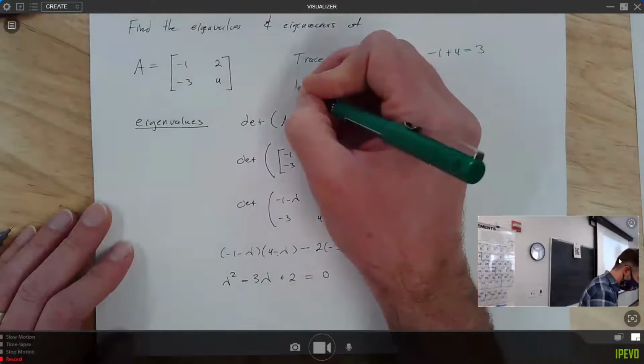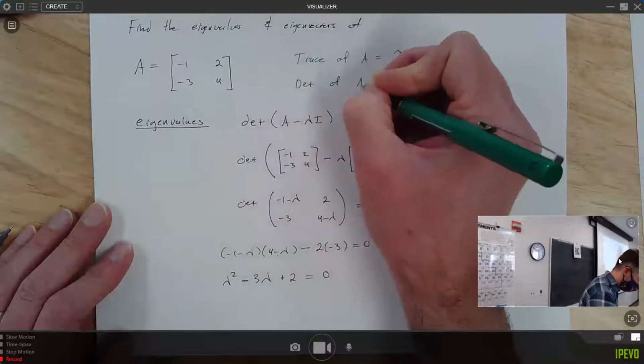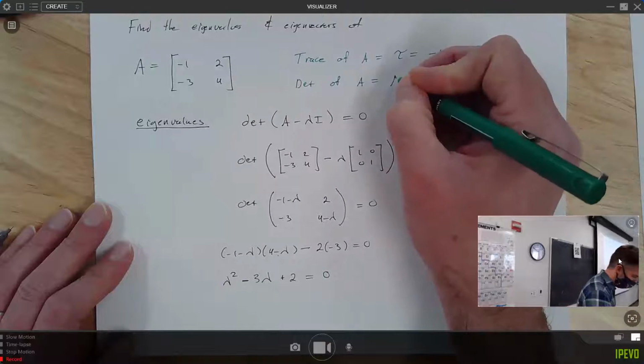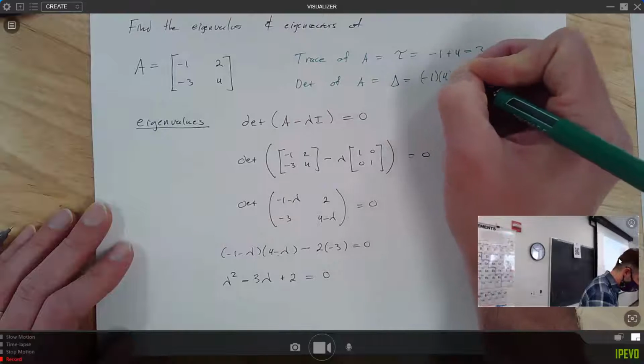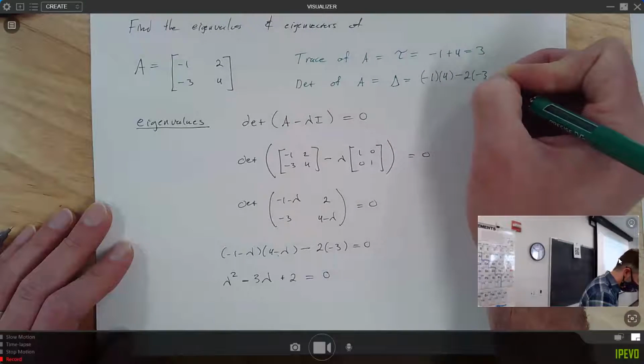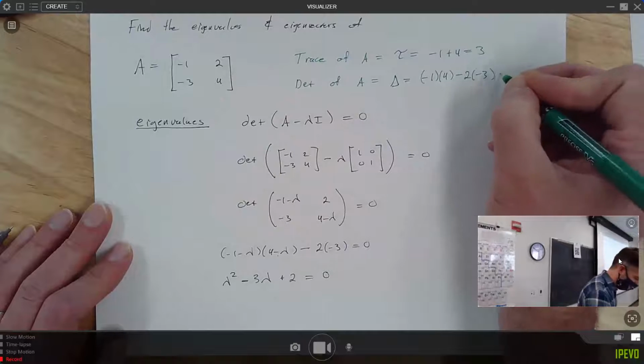And the determinant of the matrix, you have to use the capital delta, is -1 times 4 minus 2 times -3, which is indeed equal to positive 2.